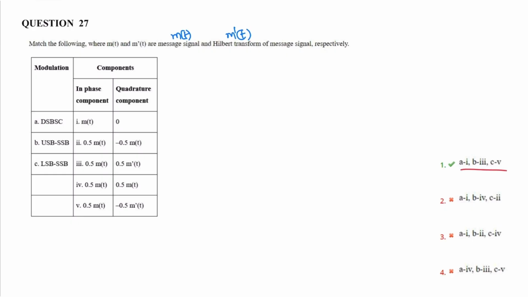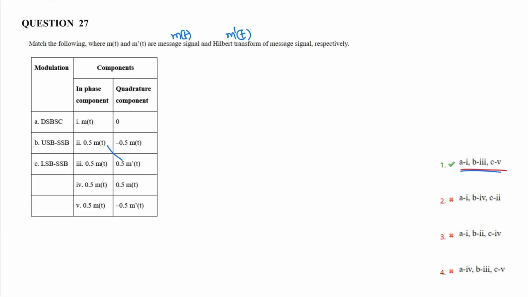So for DSBSC, it is m of t and 0. For upper sideband SSB, 1 by 2 m of t is the in-phase component and 1 by 2 m cap of t is the quadrature phase component. Next, for LSB, lower sideband.